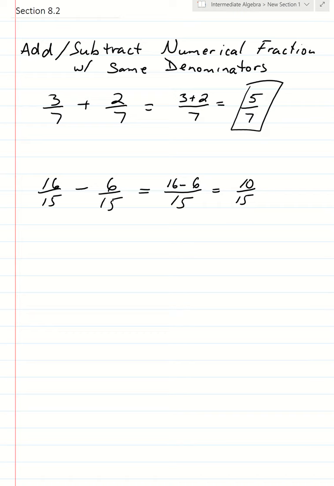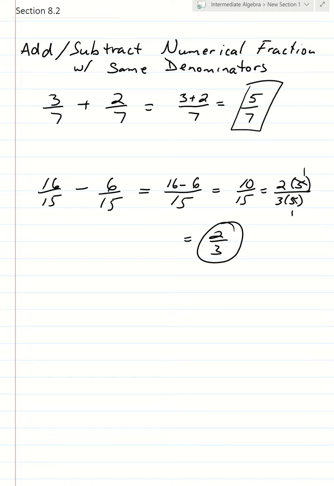Now, 10/15 is not the simplified answer because 10/15 itself can be simplified. In that, the number 10 I can write as the factors 2 times 5, and the number 15 I can write as 3 times 5, and here we would use the fundamental principle of fractions and simplify the 5 on top with the 5 on the bottom, giving us the correct simplified answer, 2/3.